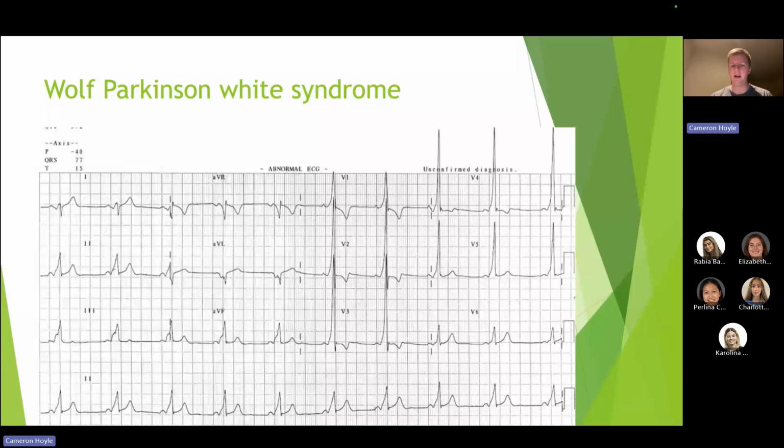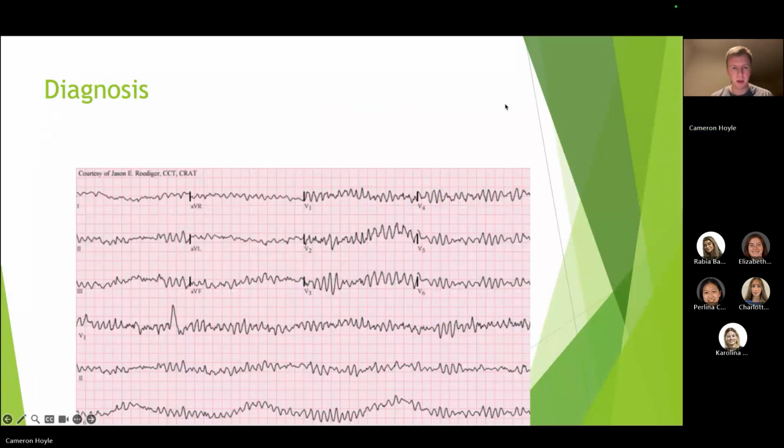If you just have pre-excitation, it's not called Wolff-Parkinson-White syndrome. You've got to have the arrhythmia for it to become the syndrome. So we'll touch on the treatment of Wolff-Parkinson-White shortly. Most of you should be able to diagnose this from this ECG, I would hope.